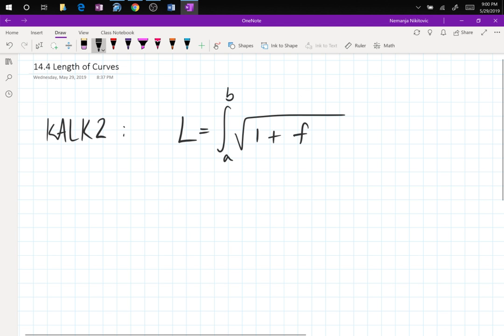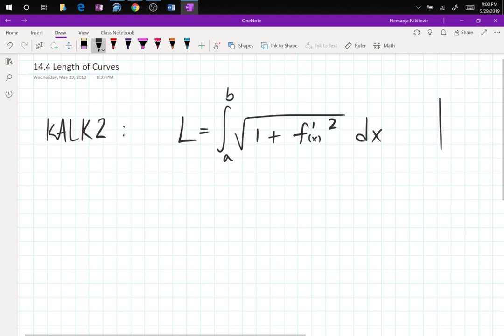Yes. The derivative, f prime of x squared dx. You can put dy dx, you can put f prime, you can put y prime, whatever you like. Great. So this is the way to calculate a length of curve on the 2-dimensional image.